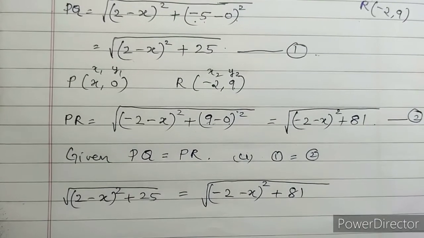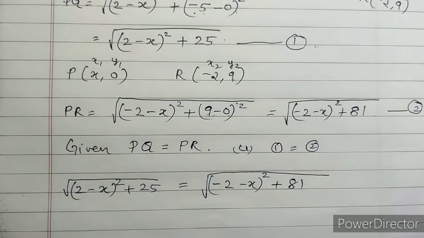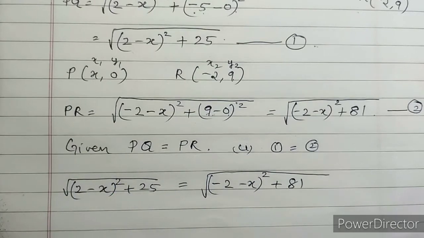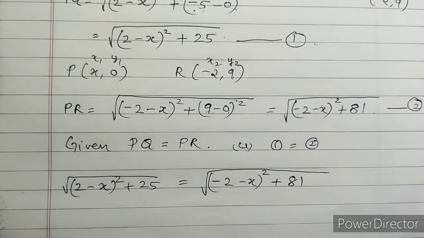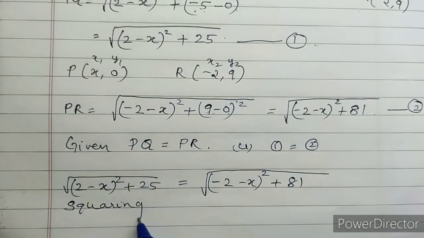Now to remove the square root symbol, what do you have to do? Yes, you have to square both sides. If you square both sides, the square root will get eliminated. So the first thing is to eliminate the square root by squaring both sides.